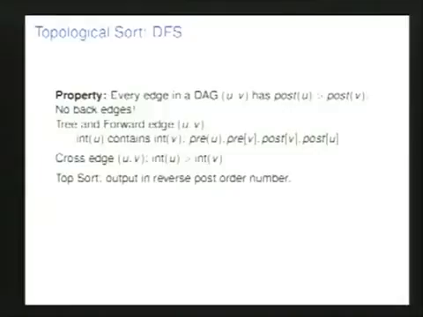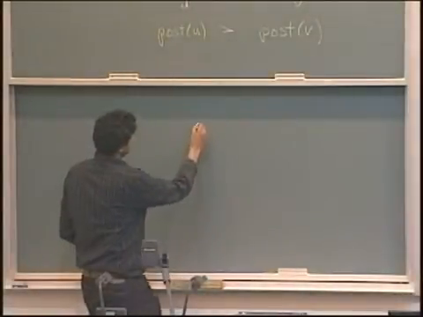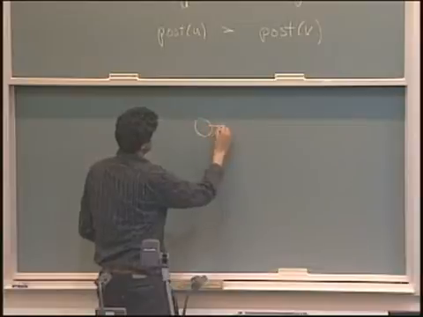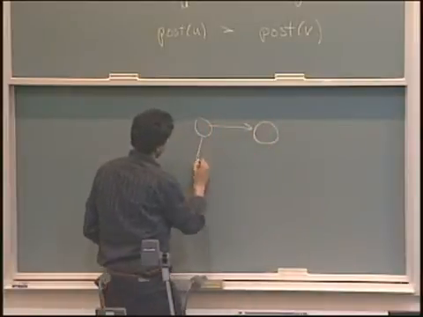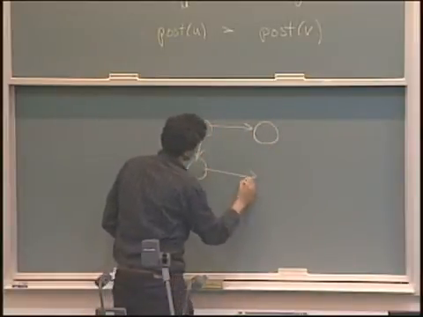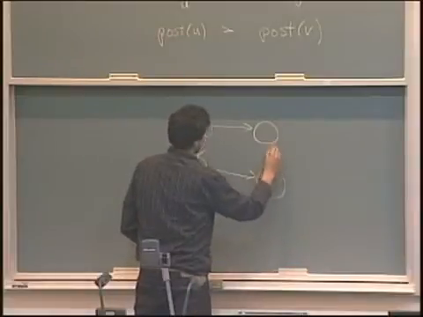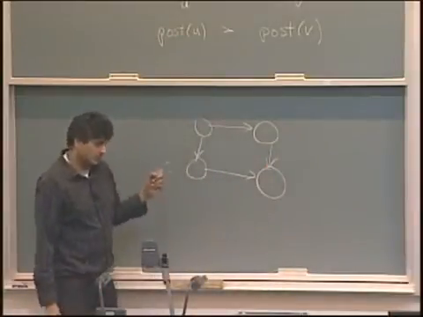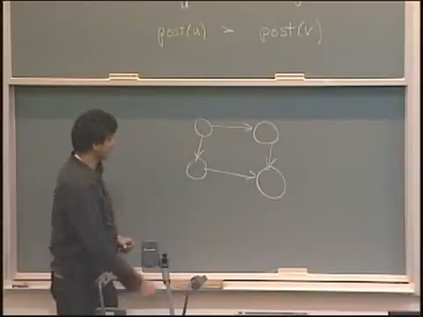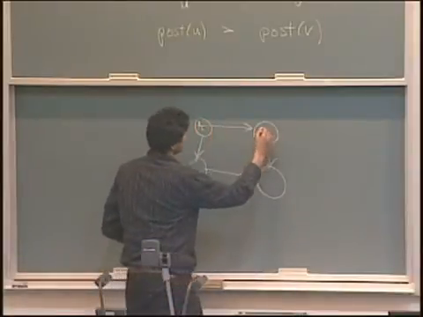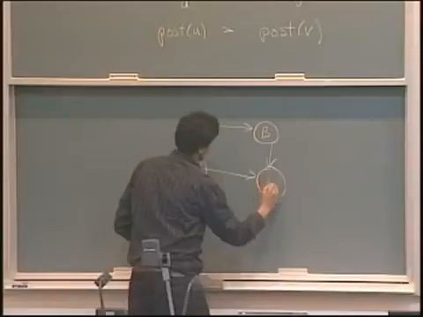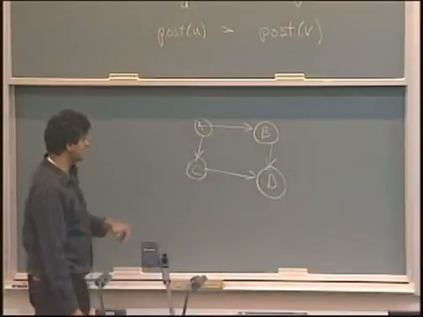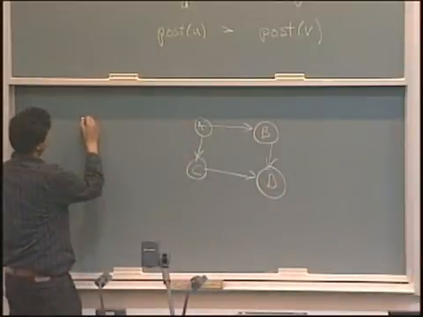He's asking a question. There's a subtlety here. You have this graph. So the obvious depth first search would start here, and you would get a tree of this form.